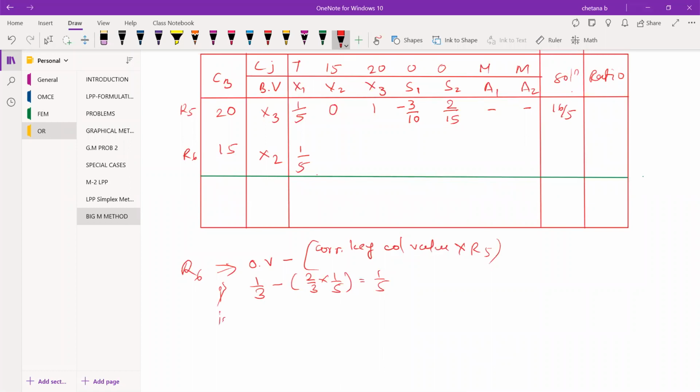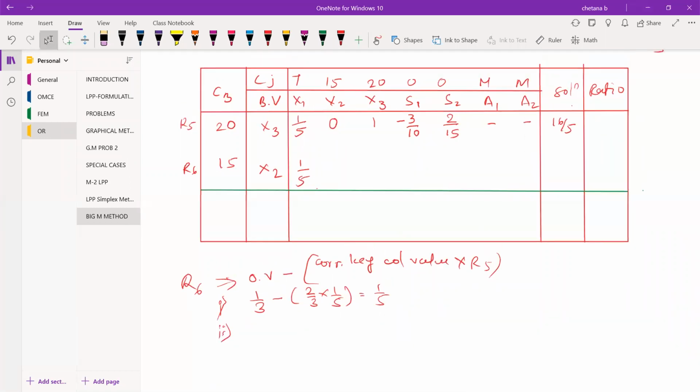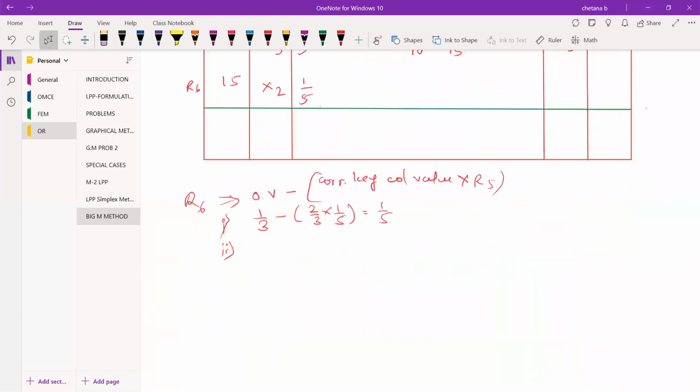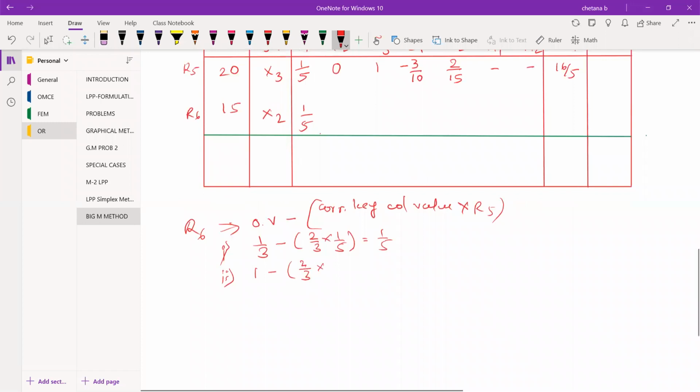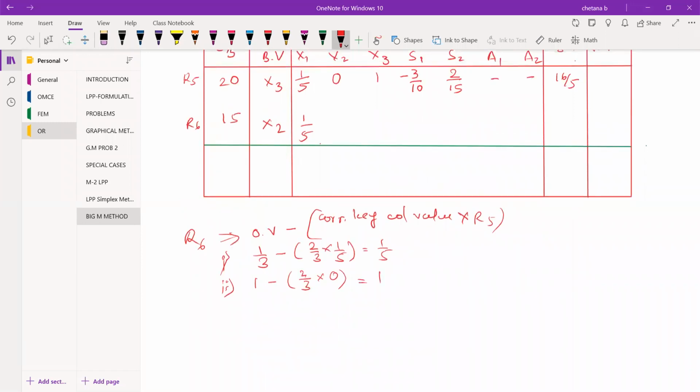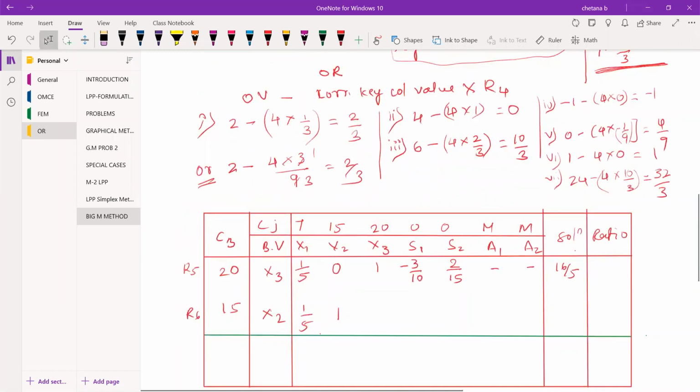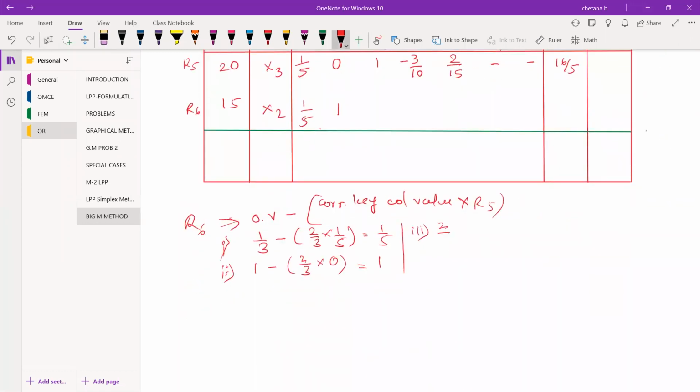Similarly, second, the old value is 1, minus the corresponding key column value 2 by 3 into 0, which is 1. Similarly, third, the old value is 2 by 3, minus 2 by 3 into 1.